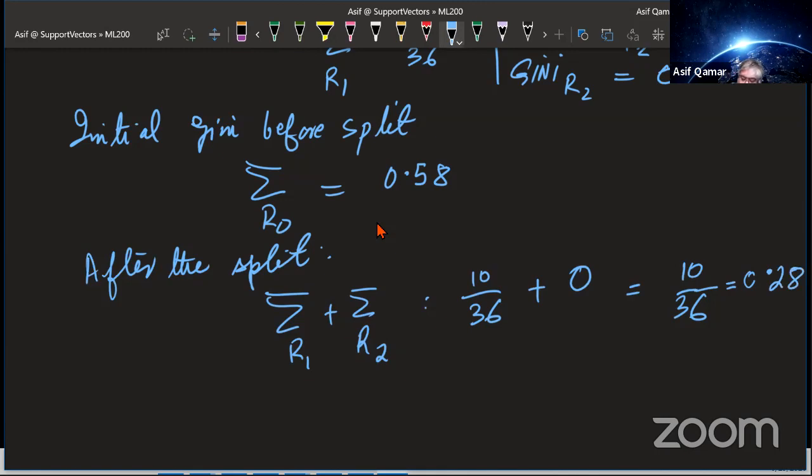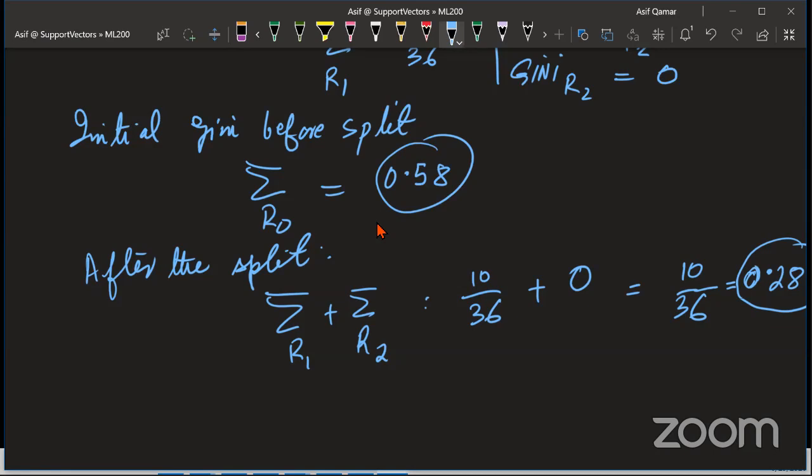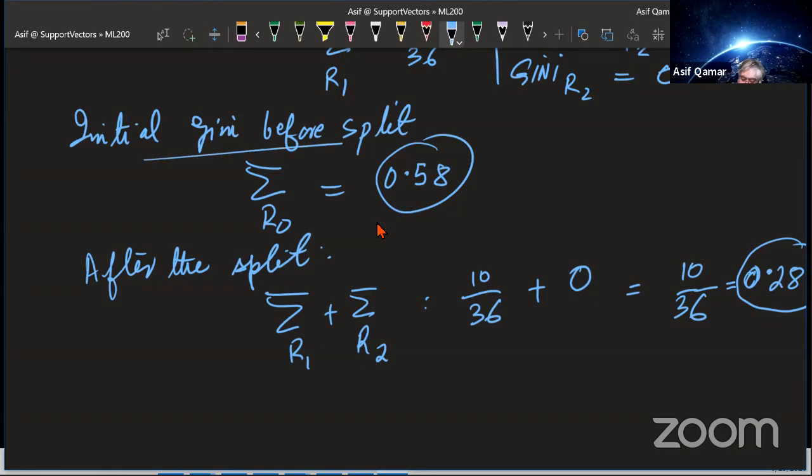So now the total Gini, has it decreased or increased? You're comparing 0.58 with 0.28, which is smaller. After the split it is smaller, isn't it? It has decreased. So this decrease between the Gini before and the Gini after is called information gain.